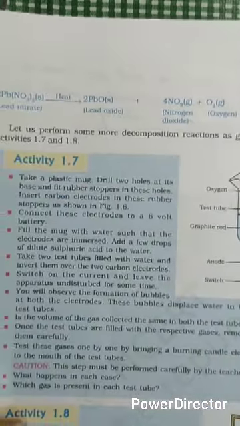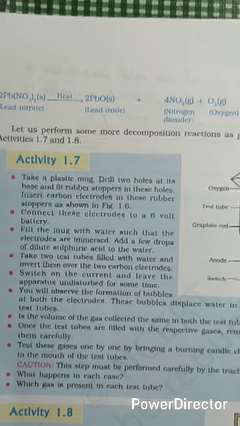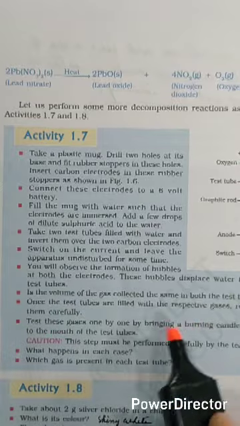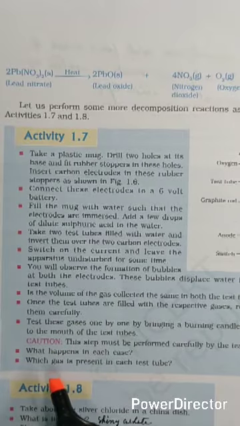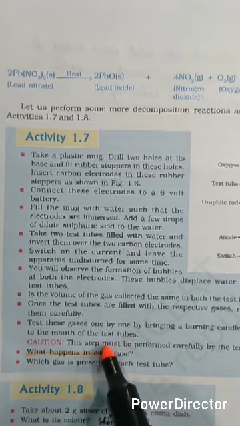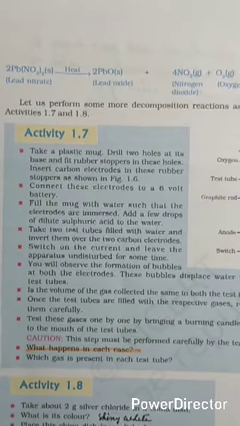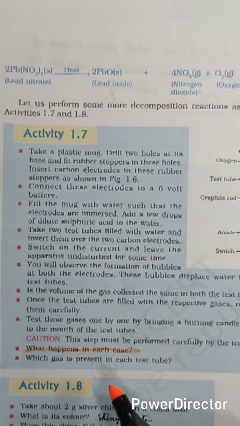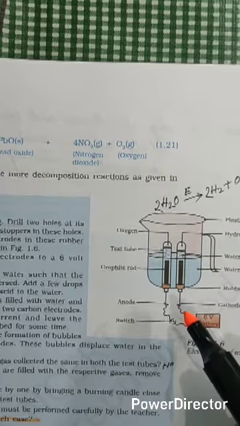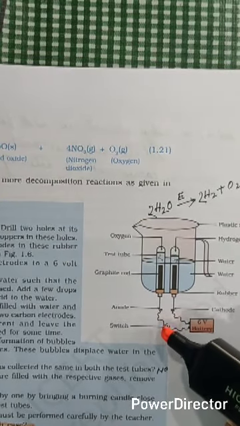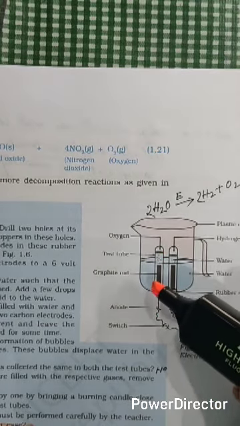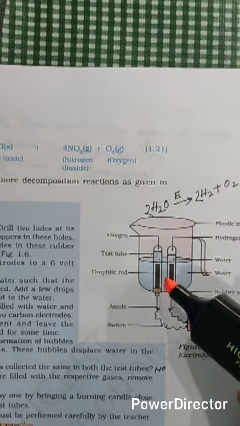Okay, based on this, some questions are asked here. What happens in this case? In this case 2 electrodes are taken. So at the anode side, the positive side of the battery, oxygen gas evolves by displacing water.